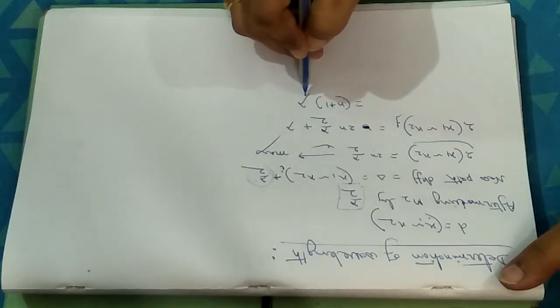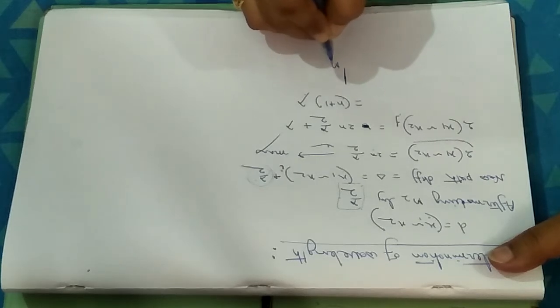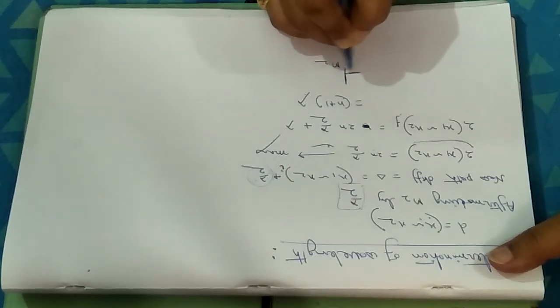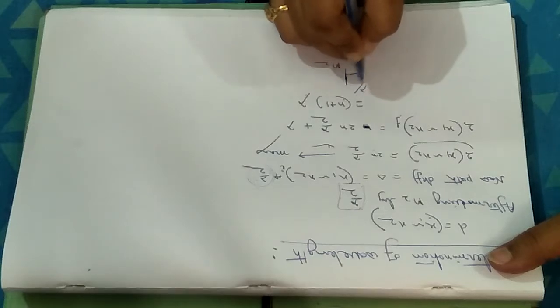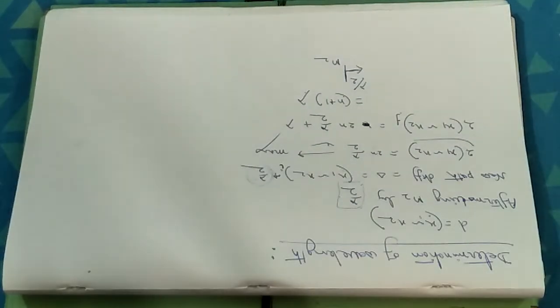So what I can say is that after changing the M2 mirror, the second mirror, M2 mirror is moved by a distance lambda by 2, I have a change in order number of 1.